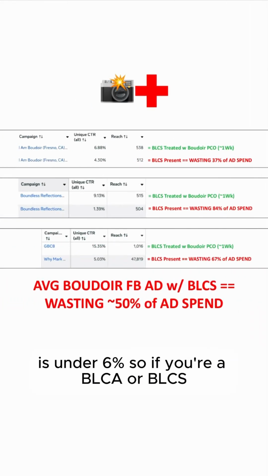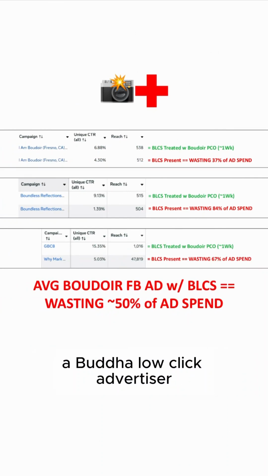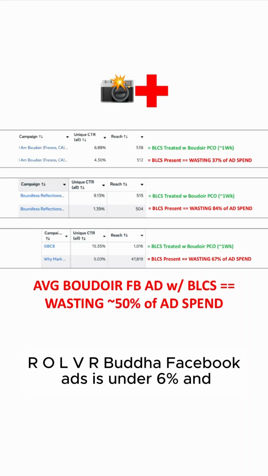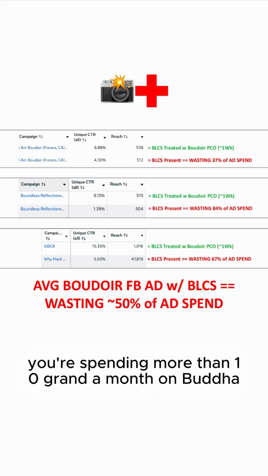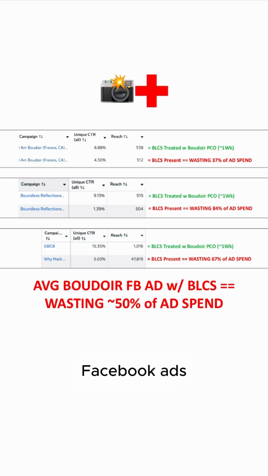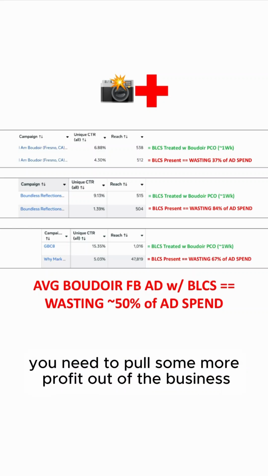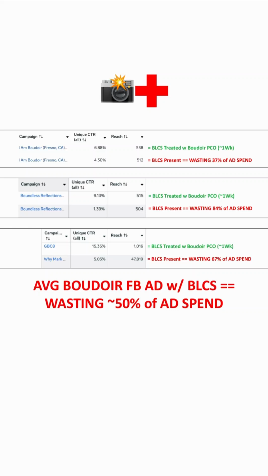So if you're a BLCA with BLCS, a Boudoir low click advertiser with Boudoir low click syndrome, the unique CTRL of your Boudoir Facebook ads is under 6%, and you're spending more than 10 grand a month on Boudoir Facebook ads, and you decide you need to pull some more profit out of the business. You've optimized other parts.